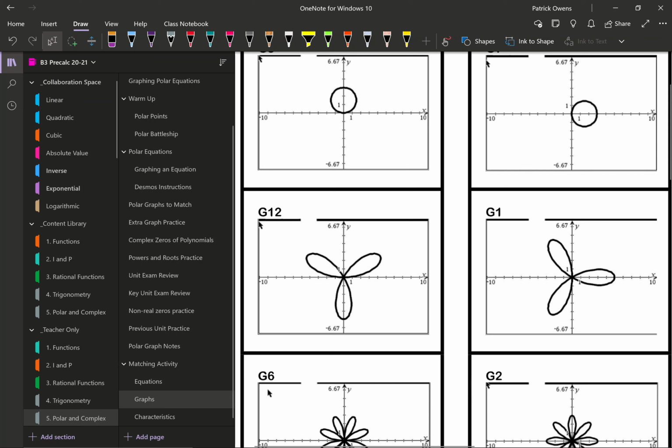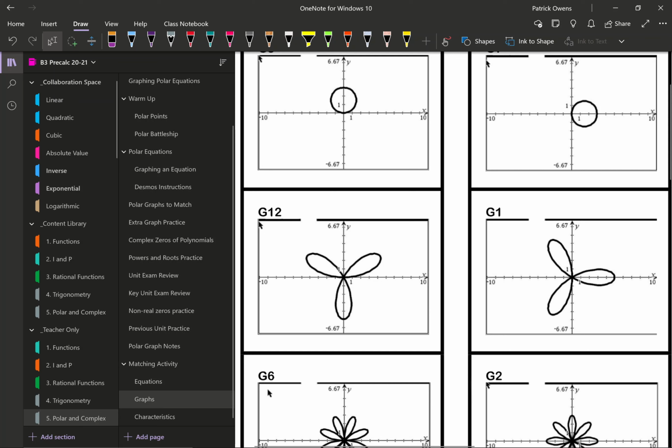And we look to sine because G12 has the y-axis as a line of symmetry. So we have G12, and then let's take a look at characteristics. So we want to look for one that's talking about 3 petals symmetric to the y-axis. Okay, so we have C6.